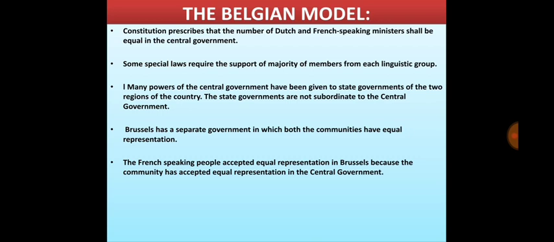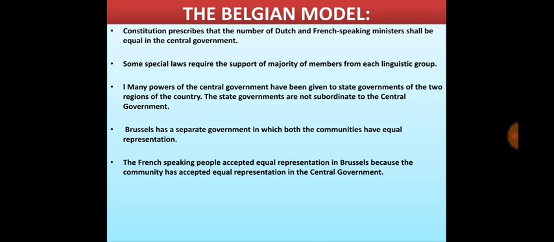Apart from the central and state government, a third kind of government, you can say the municipality or like the panchayat in India, they devised: community government, local self-government. This community government is elected by the people belonging to one language community.